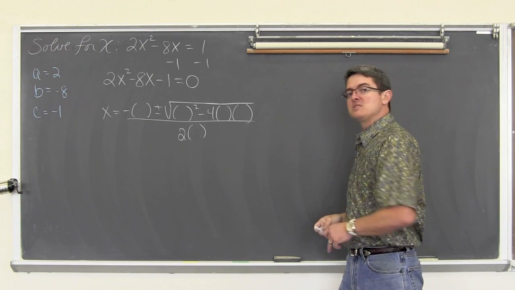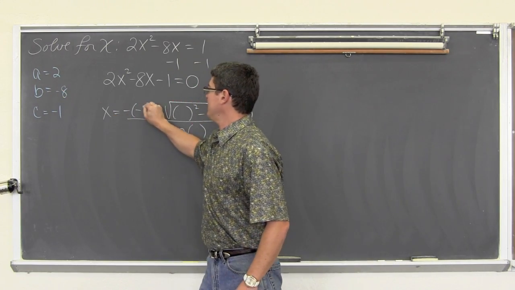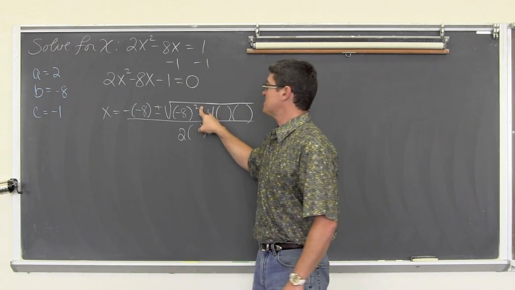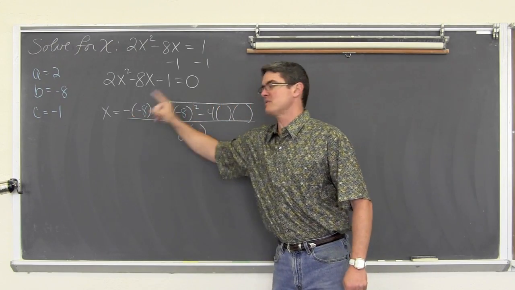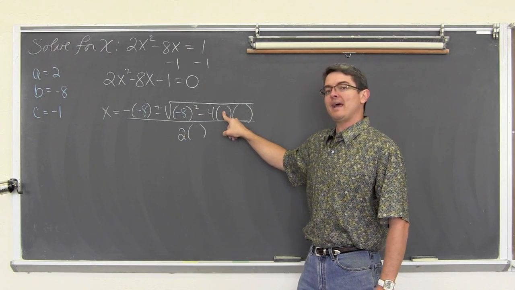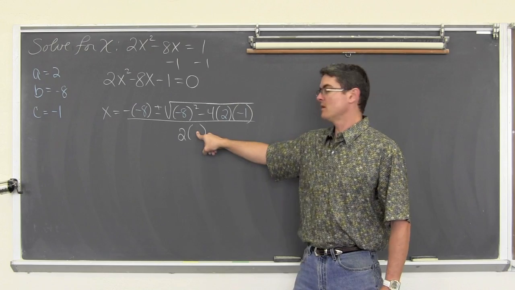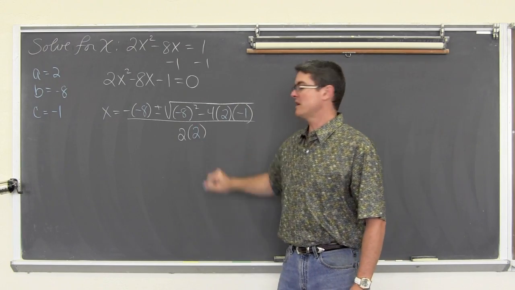Now, go to my ABC values, plug them in. Negative b is negative 8. B squared, or opposite of b, that happened to me to say negative b. B squared minus 4a, which is 2, c, which is negative 1, over 2a, which is again a 2.